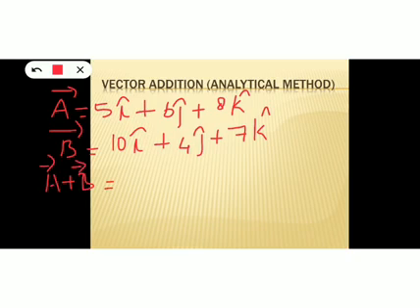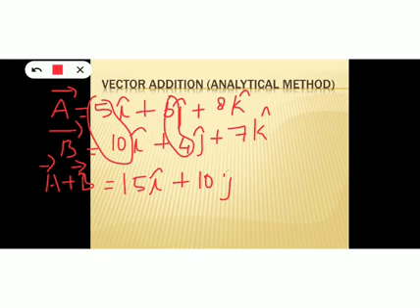Add the x components together: 5 plus 10, 15i, plus add the y components, 6 plus 4, 10j, plus add the z components together, 8 plus 7, that is 15k. So this is the value of A plus B.